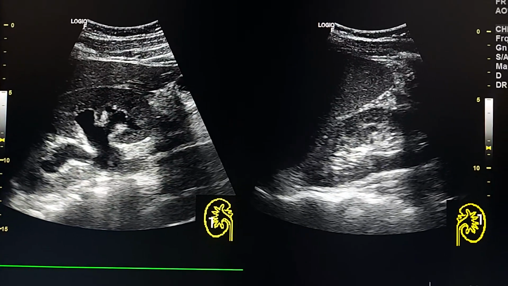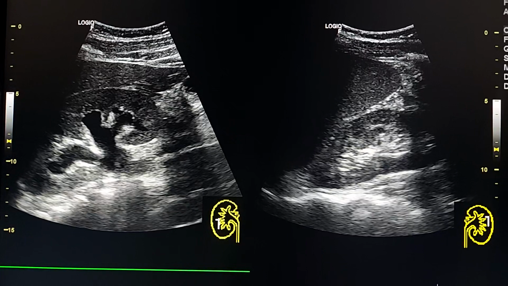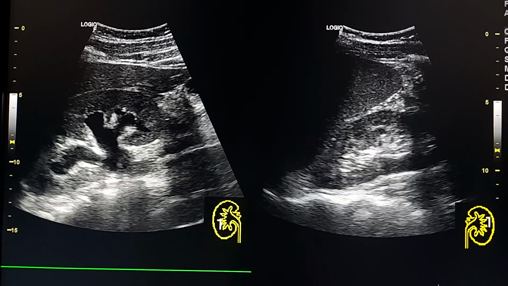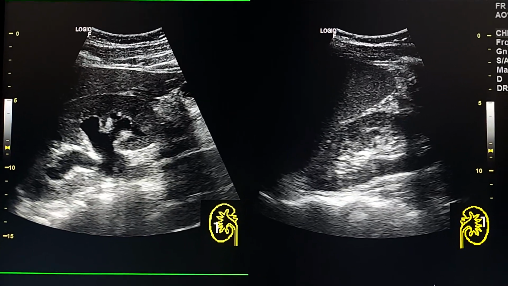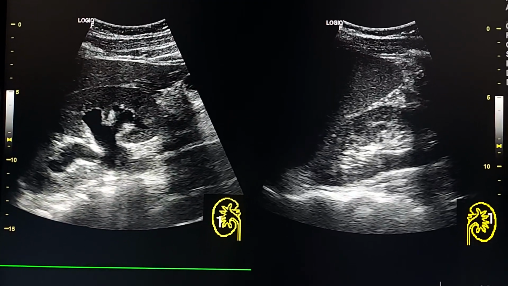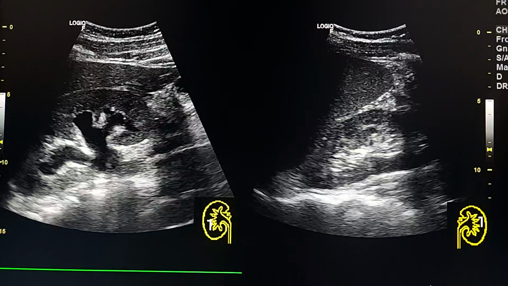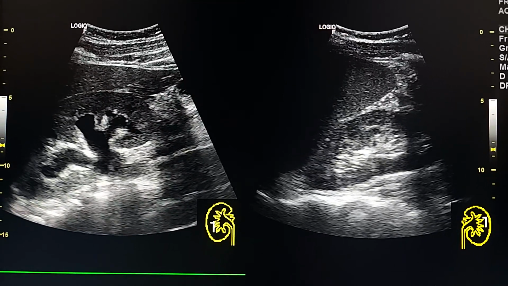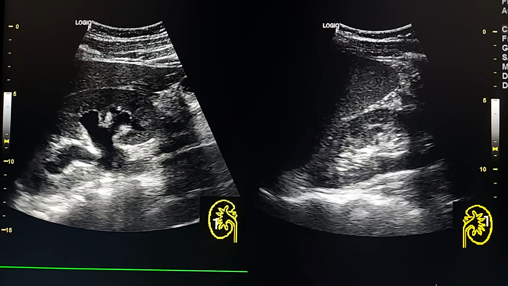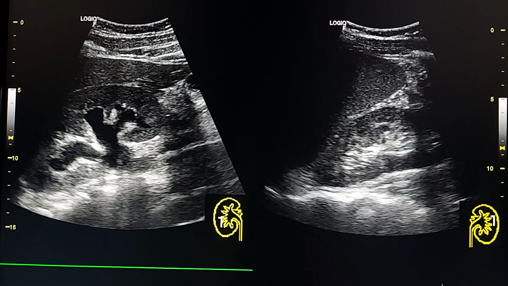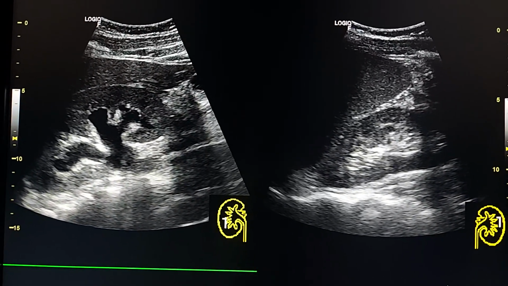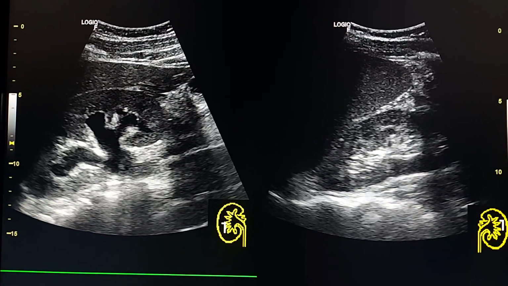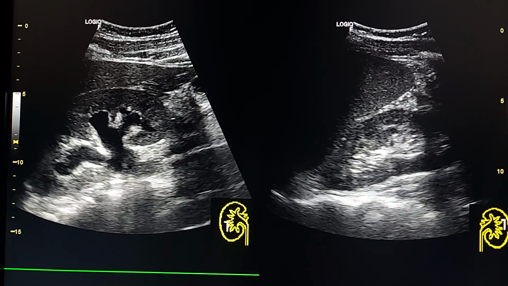So if we find hydronephrosis, we can identify a stone in the lower ureter, sometimes in the point where the ureter crosses the iliac vessels, because it is a usual point where the stone is lodged.